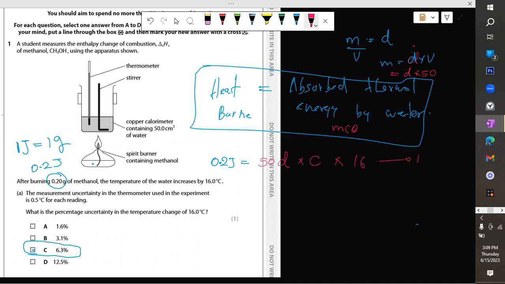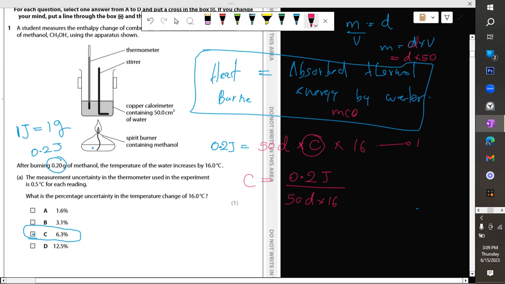Equation 1. I am going to make C the subject of the equation. C equals 0.2 joules divided by 50 D times 16, right?